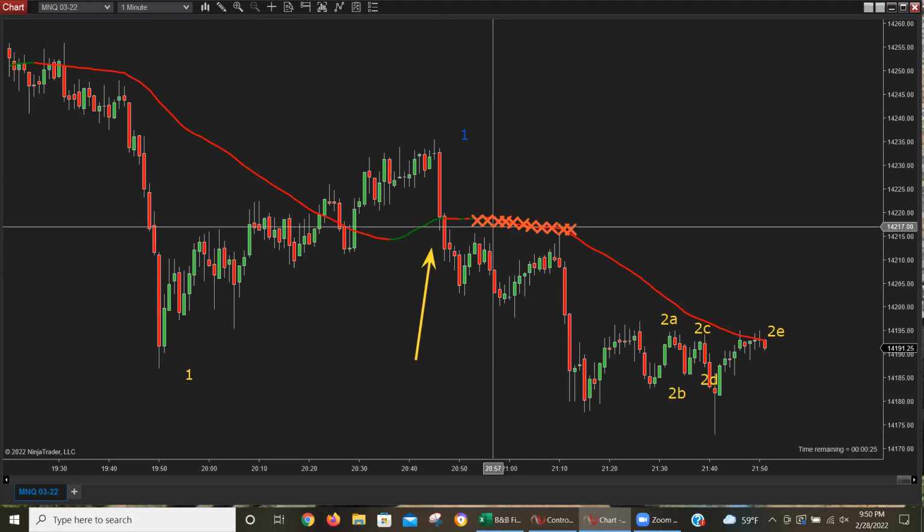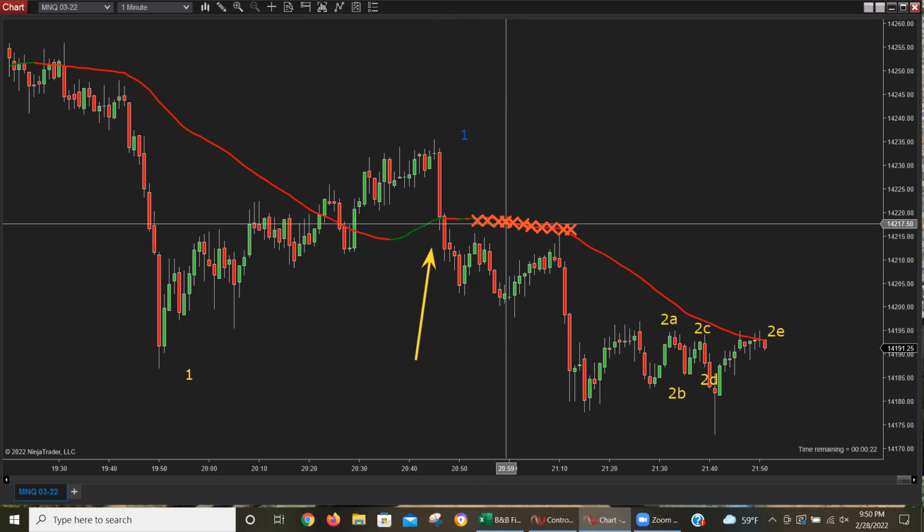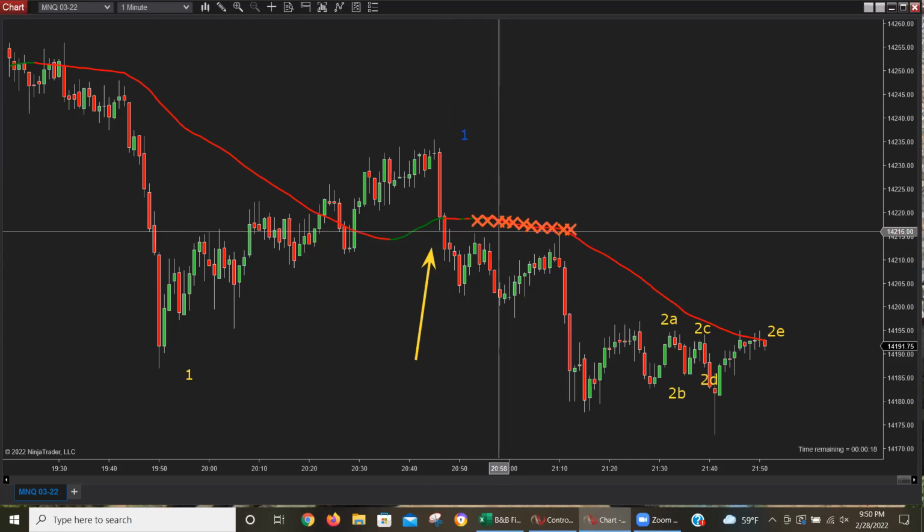If that 50 is staying flat, don't take the trade. Because the 50 is a magnet. If it's angling one way, that's telling you you're in the trend. If it's flat, that's telling you the market is not trending and you're liable to get anything at this point. It's a dangerous market to try to trade when the 50 is flat.